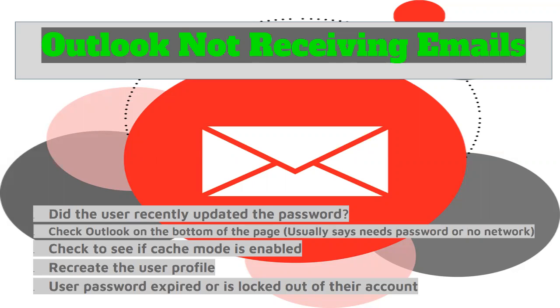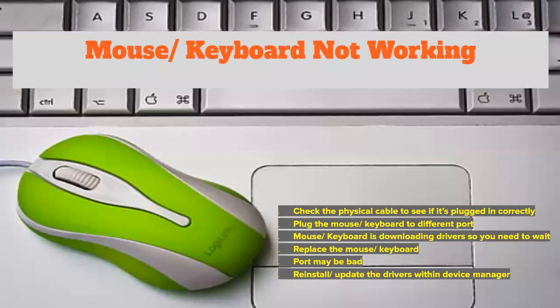Then we can see if offline mode is enabled. Also, we'll recreate the user profile. It could be that the password expired or the account is blocked. Anyway, we'll check all of them, go step by step, and make a solution for it.